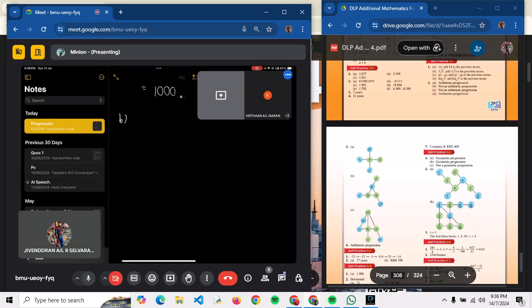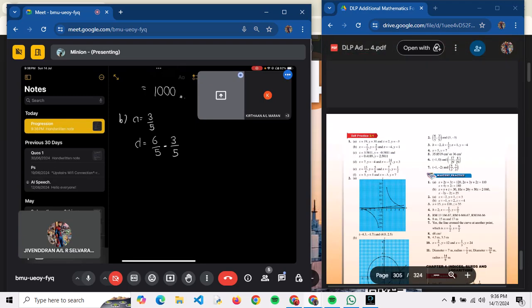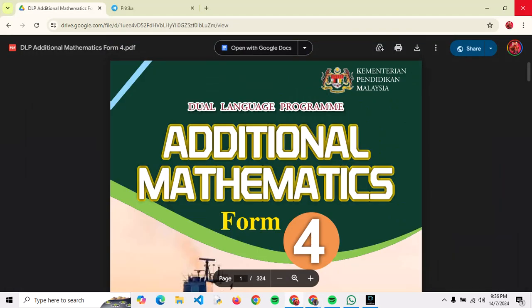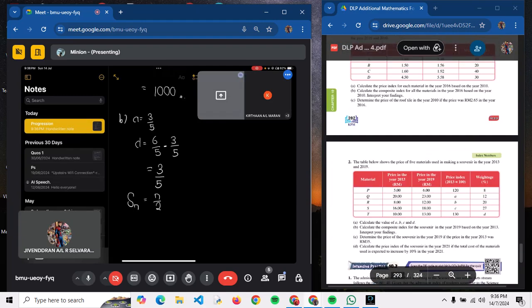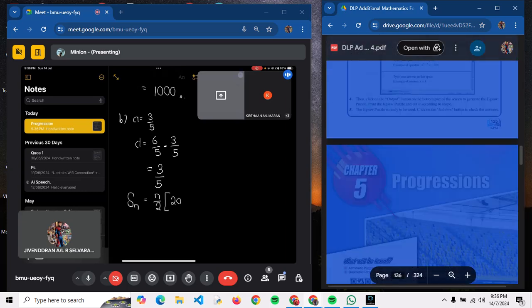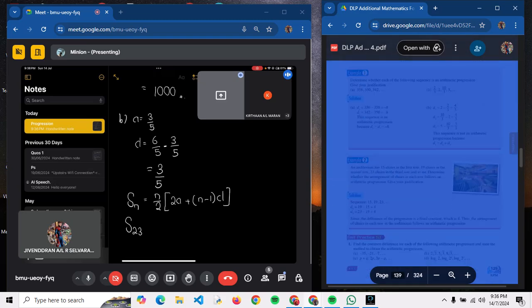A will be 3 over 5. The D will be 6 over 5 minus 3 over 5, which is 3 over 5. Right? So using the formula again, here, I will always write it. So it's here, n over 2 times 2A plus n minus 1 D, with n as 23 because they told the first 23 terms.